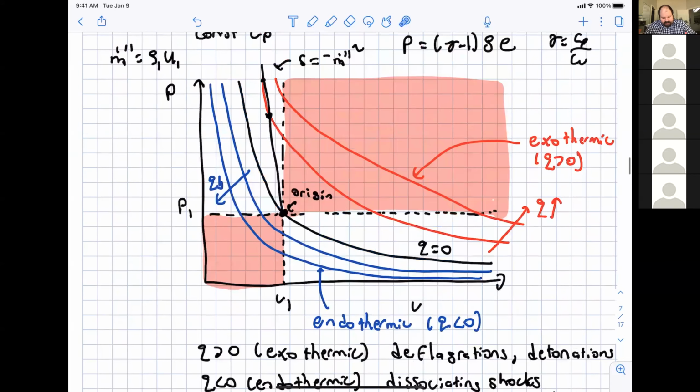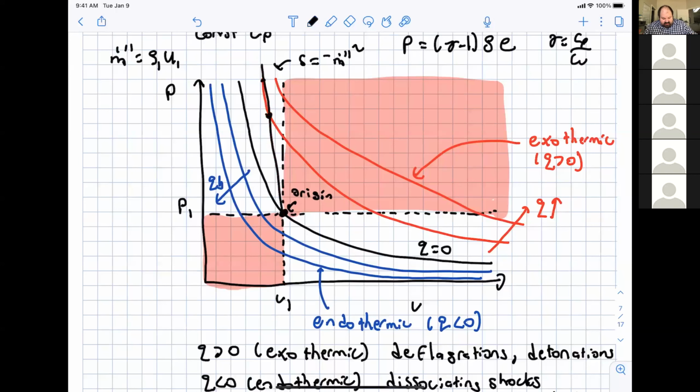Here I have drawn a Rayleigh line, and despite my poor drawing skills, I've defined it to intersect this product Hugoniot two times. So for this particular Rayleigh line and this particular heating value, the solution is either this point or that point, and we'll characterize those a bit later on.